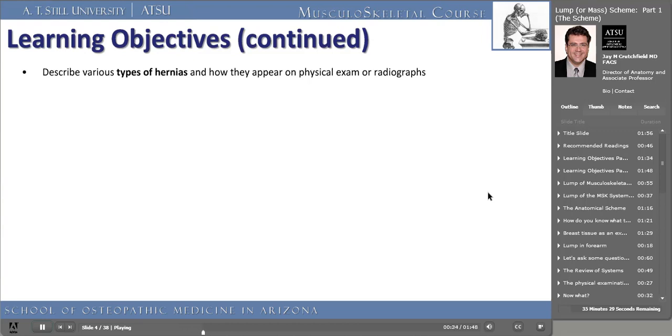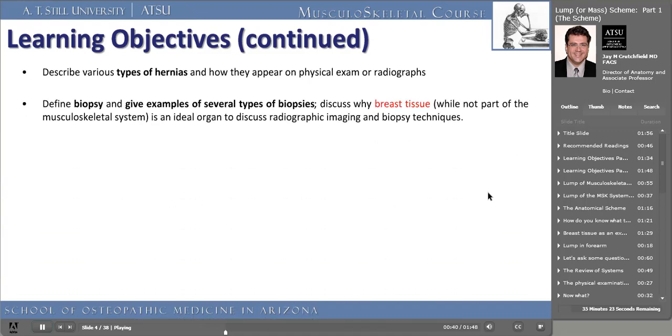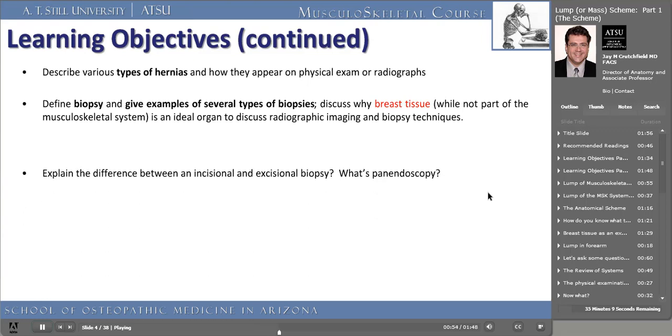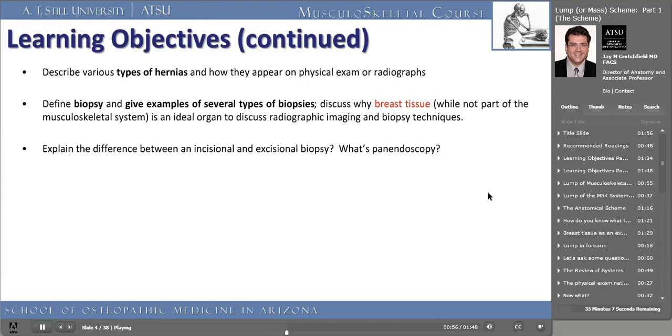In addition, as part of your ability to establish a diagnosis, you'll be expected to define biopsy and give examples of several types of biopsies. Also discuss why breast tissue, while it's not part of the musculoskeletal system, is an ideal tissue to discuss imaging and biopsy techniques. Describe the difference between an incisional and excisional biopsy.